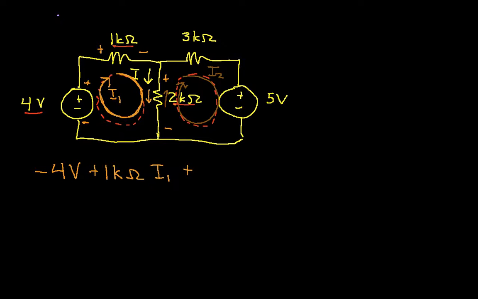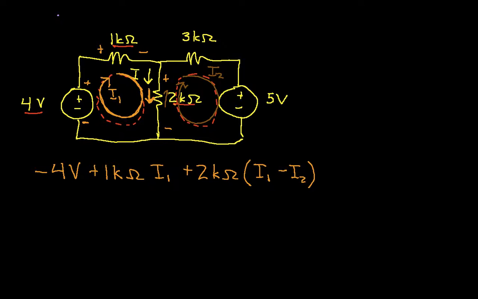Instead, we think of them as virtual currents. And in fact, what we will do is take the 2K ohms that our resistance is, and multiply it by I1 minus I2. This I1 minus I2 is the net current flowing in this direction.